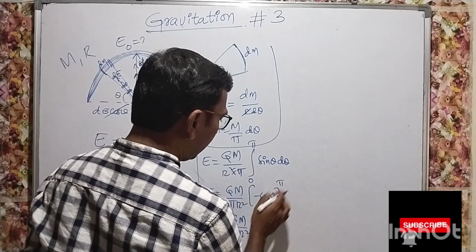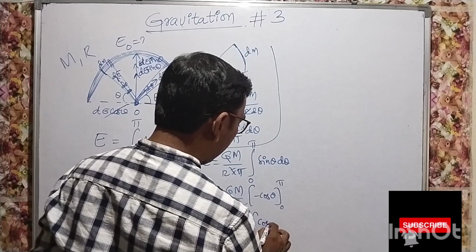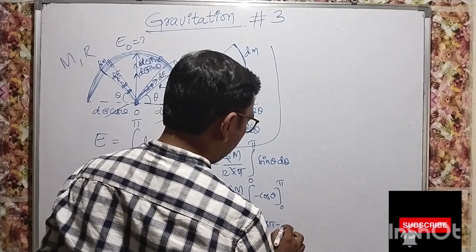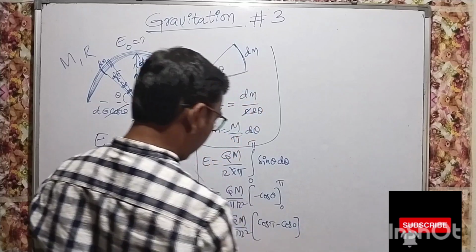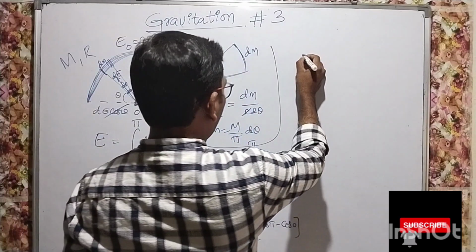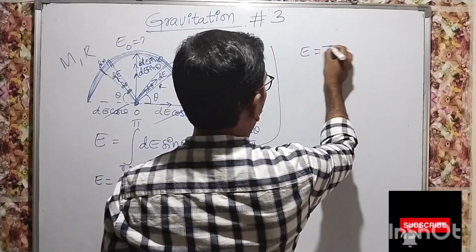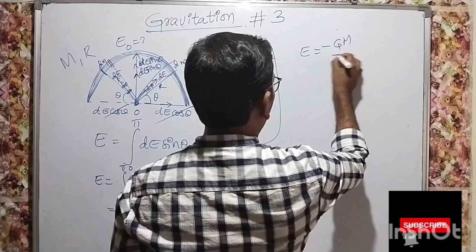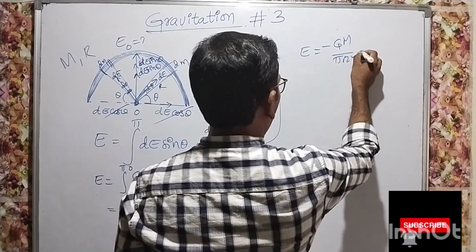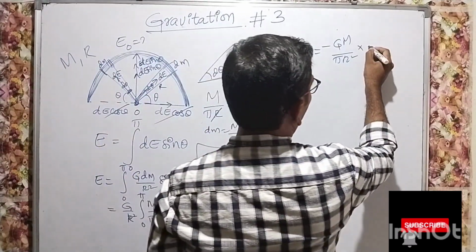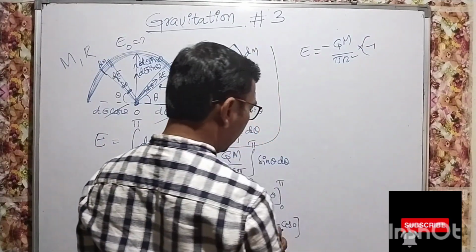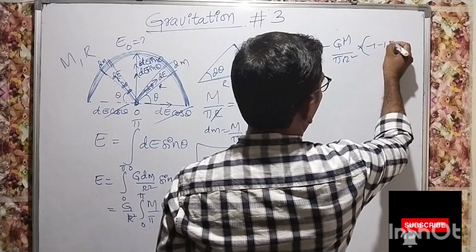Cos theta, cos 180, is cos pi minus cos 0. So E is equal to minus capital G capital M by pi r square into, cos pi, cos 180, is minus 1, minus cos 0 is minus 1.